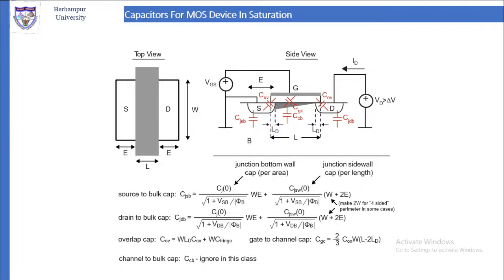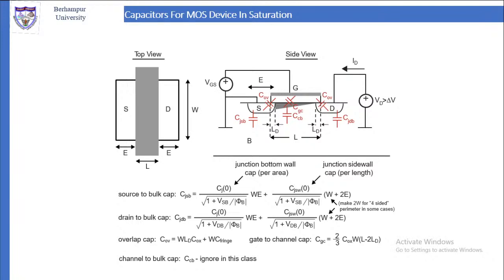Then one capacitor is in the junction between source and the gate, that will be COV. One capacitor is between the substrate and the gate, that will be CGC. Then the capacitance between the substrate and the ground, that will be CCV.